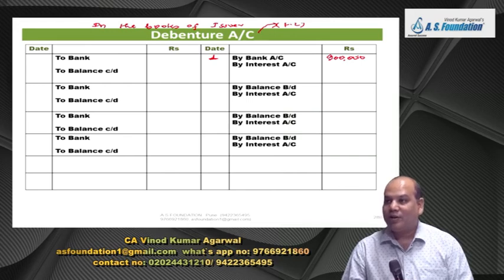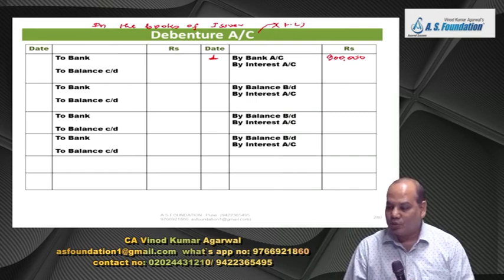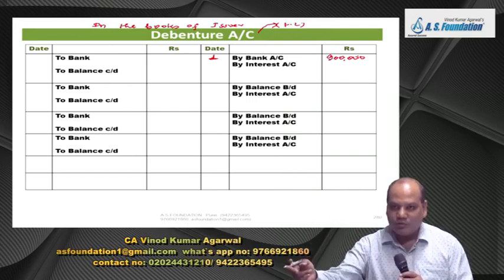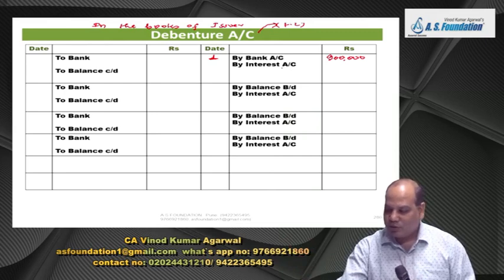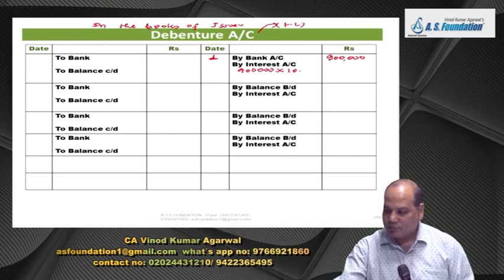Then we will pass the entry for interest accrued. Interest account debit to debenture account. So the amount will be opening balance, this figure, into effective interest rate. Anybody? Effective interest rate was 10.023%.